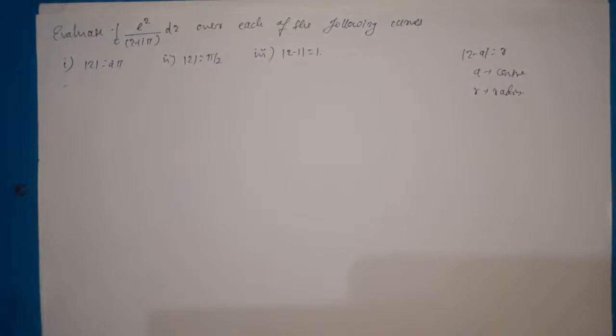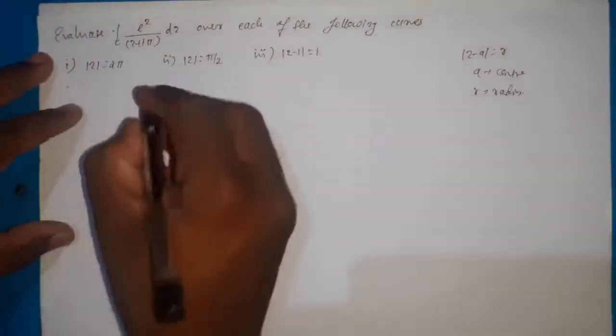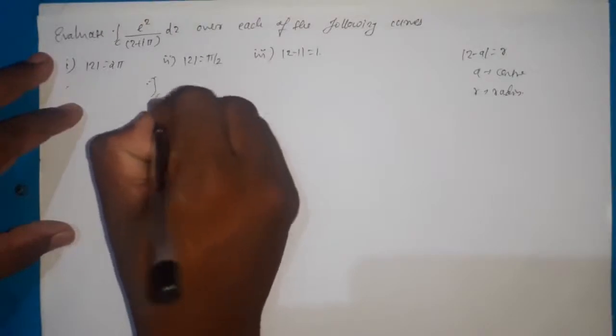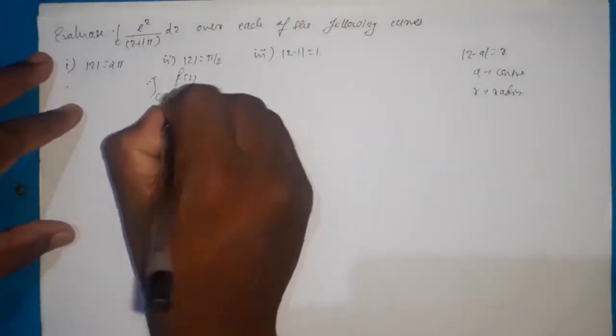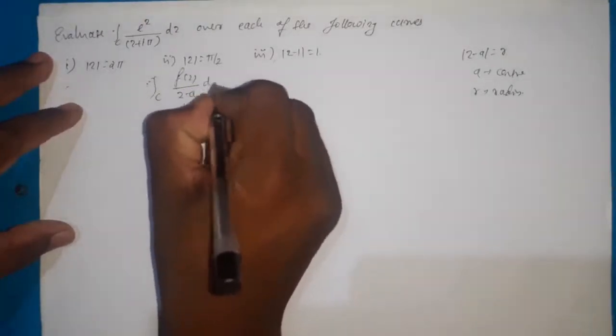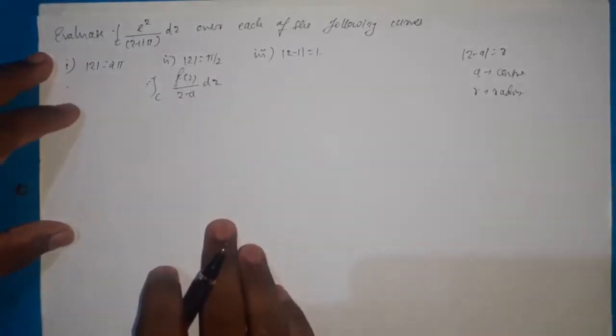So here we need to evaluate the integral e power z divided by z plus I pi dz. So first let us compare that given integral with the standard one. So here the standard integral will be of the form integration over c f of z divided by z minus a dz, right?